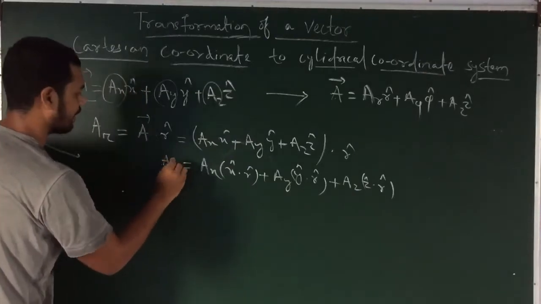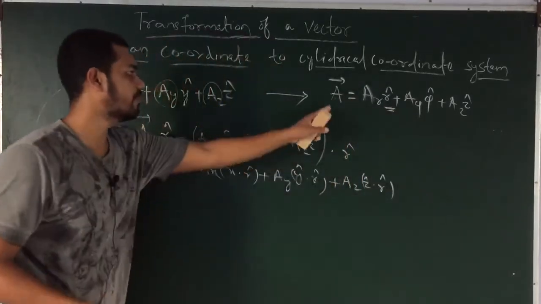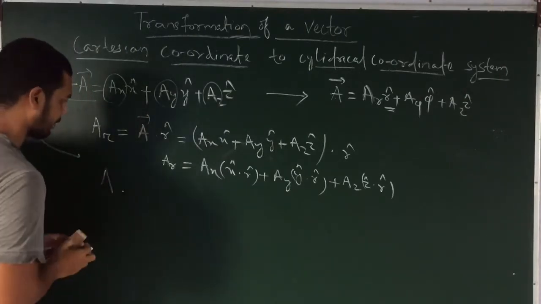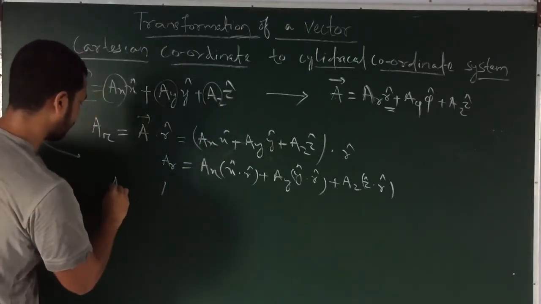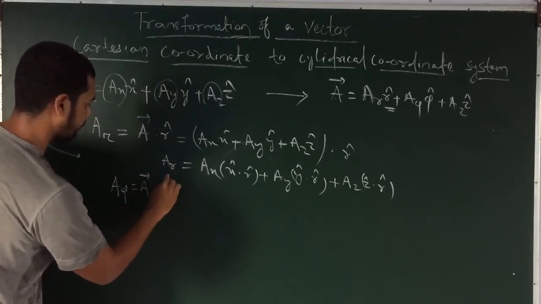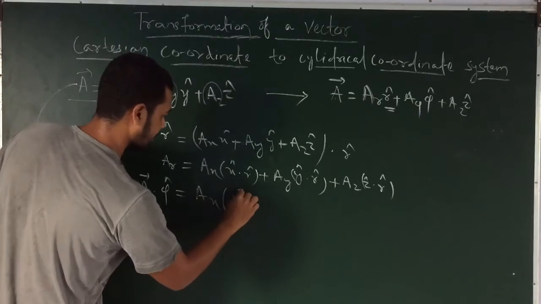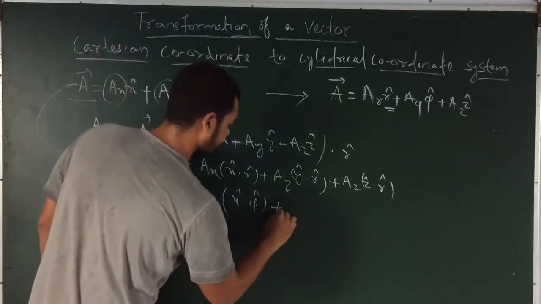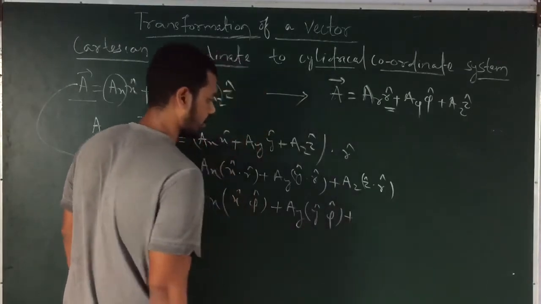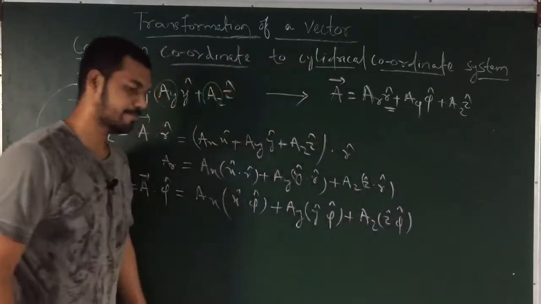That will be my Ar, which is the component along the r cap direction when we represent the vector in cylindrical coordinate system. Similarly, your A phi is nothing but your vector A dot phi cap, from which you will get Ax x cap dot phi cap plus Ay y cap dot phi cap plus Az z cap dot phi cap.